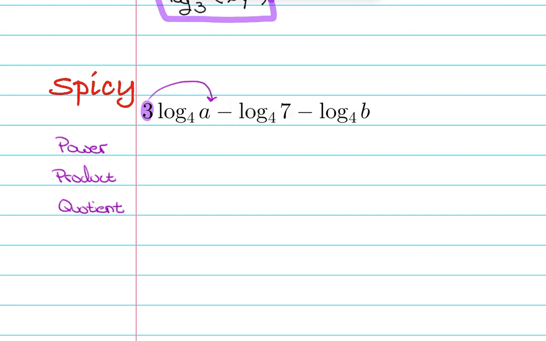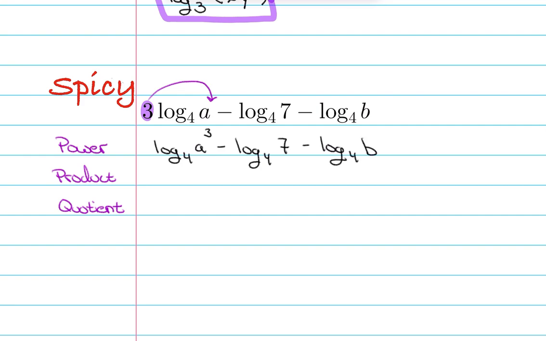So that's my only power rule. So I'm going to rewrite that as the log base 4, bases stay the same, of a to the 3rd power. And then I am going to copy everything else so that I don't lose anything. Okay? So that took care of my power rule.